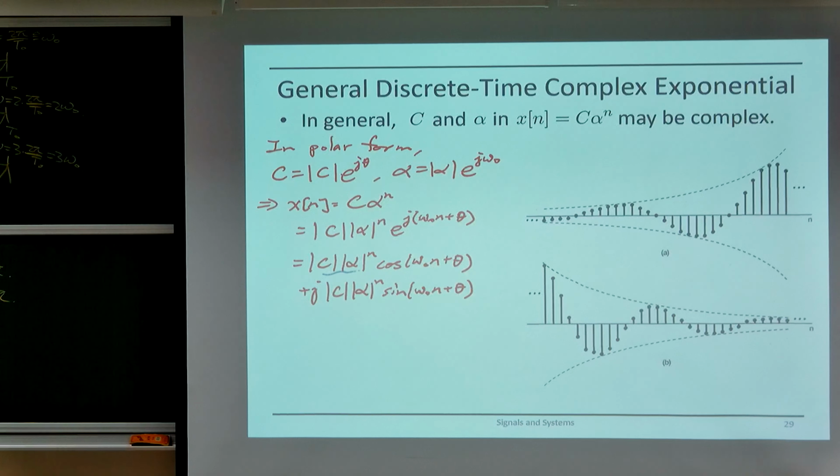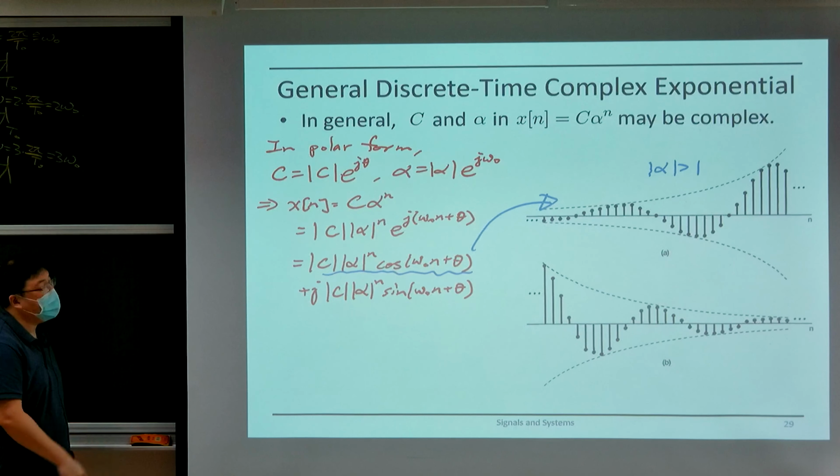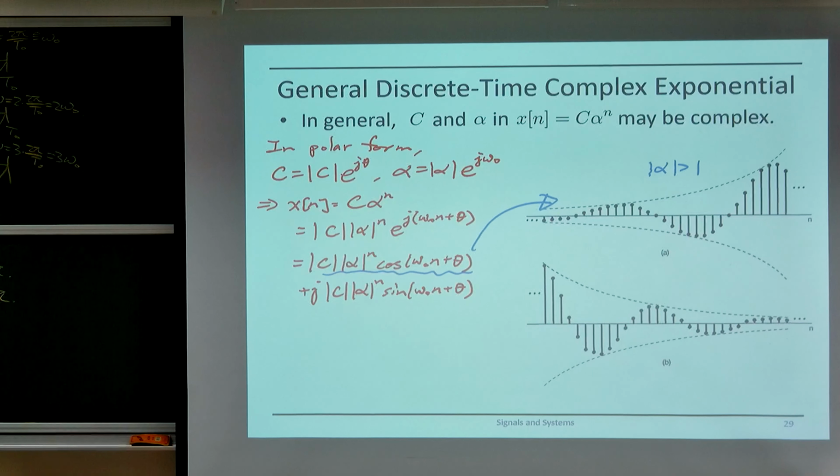So suppose you're plotting out this term here. If the magnitude of alpha is greater than 1, then you get this sinusoid with an amplitude that's expanding.